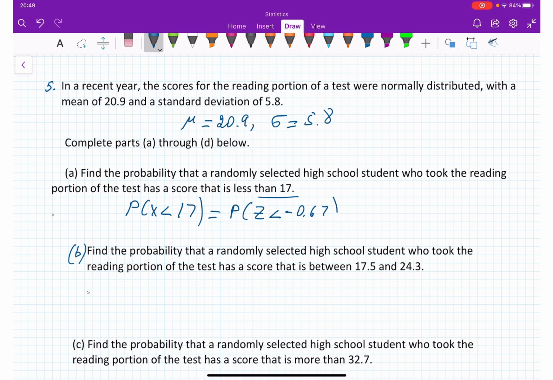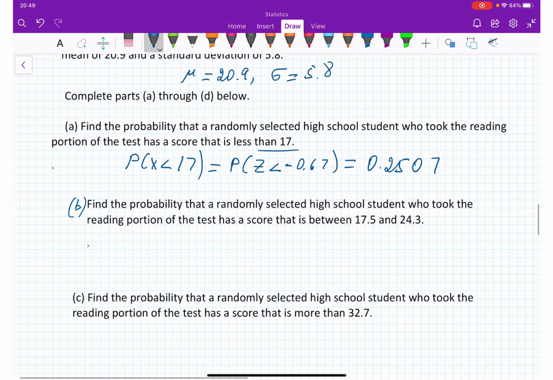Okay, negative 0.67 is equal to 0.2507. So one more time, when you need to find less than, then you just find out the probability and that's all. But when you have to find out more than, then you're going to subtract from 1. So now let's see, we need to find probability for x greater than 17.5 and less than 24.3.